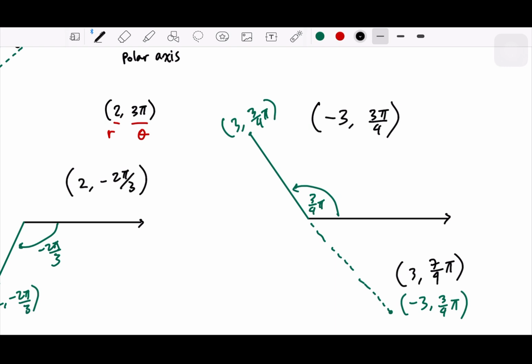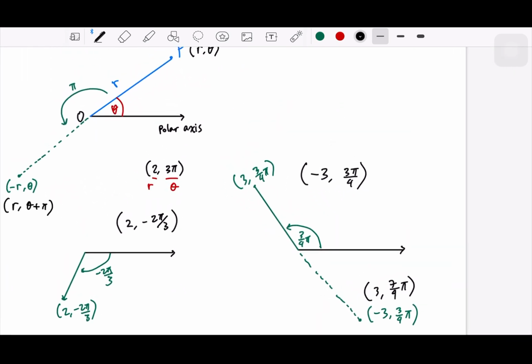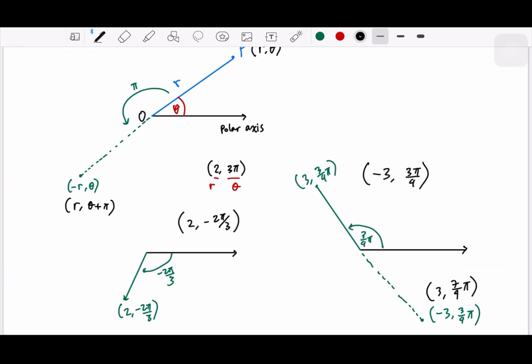Then we need to comprehend that this will be the rule. And I think the other part, aside from how we draw or visually observe the position, is how to convert from Cartesian to polar and polar to Cartesian.